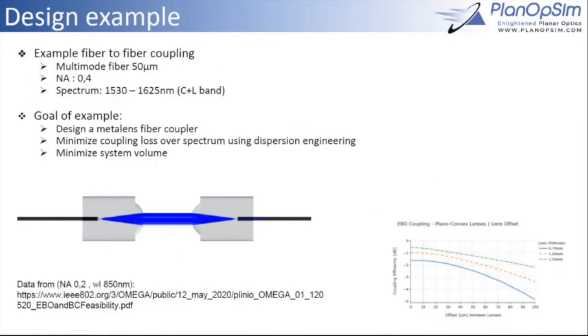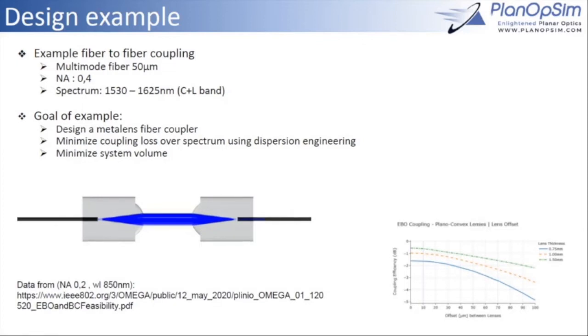As a final example, I want to spend a bit more time on a more complicated design of a fiber coupler. We have two multimode fibers, one here on the left, one on the right, where we want to couple a maximum of light from here into the next fiber, which is a well-known problem, of course, over the entire spectral band of the C and L bands, from 1530 to 1625 nanometers, with a numerical aperture of the fiber of 0.4.